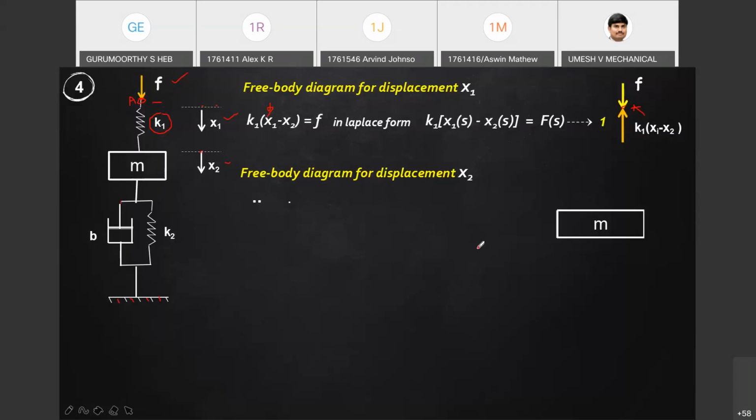I didn't see any chat. Umesh sir, are you seeing any chat coming? How many forces are acting on mass M? Only respond, guys. Nobody has started, sir.